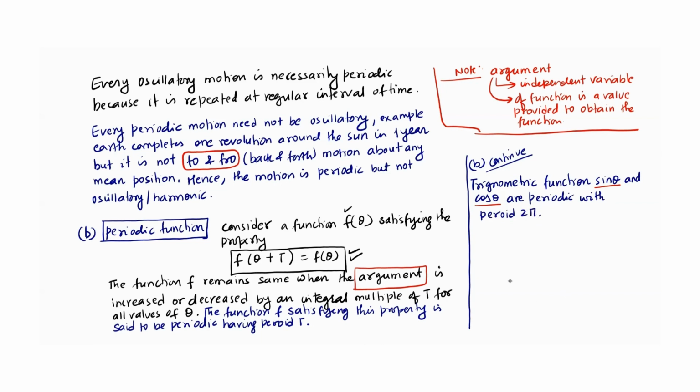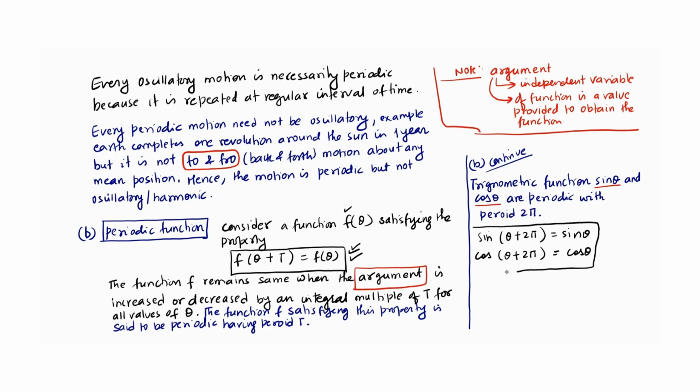So we use this concept or property. Therefore, we can write sine theta plus twice pi equals sine theta, and cos theta plus twice pi equals cos theta. So we have this, clear?